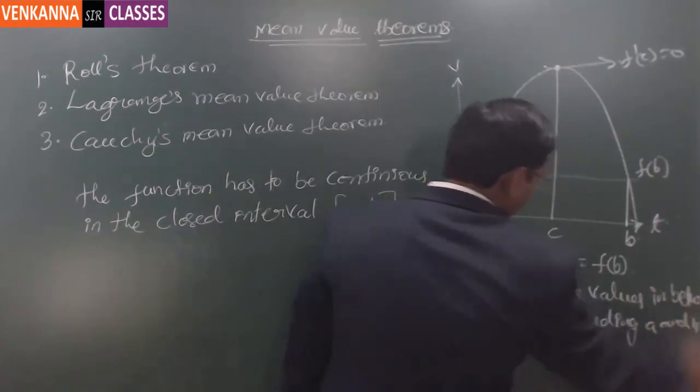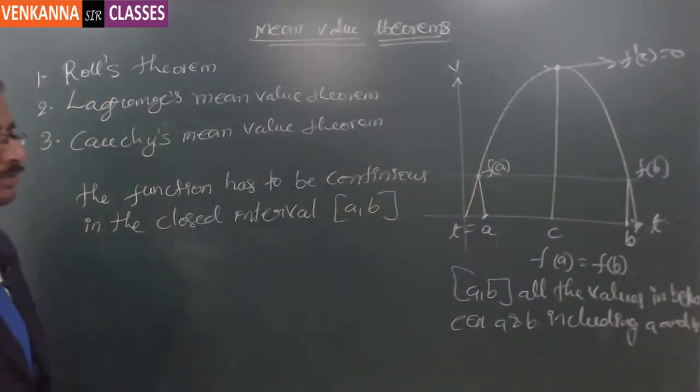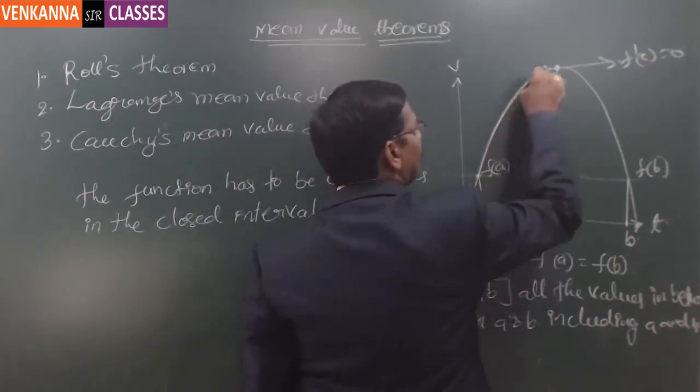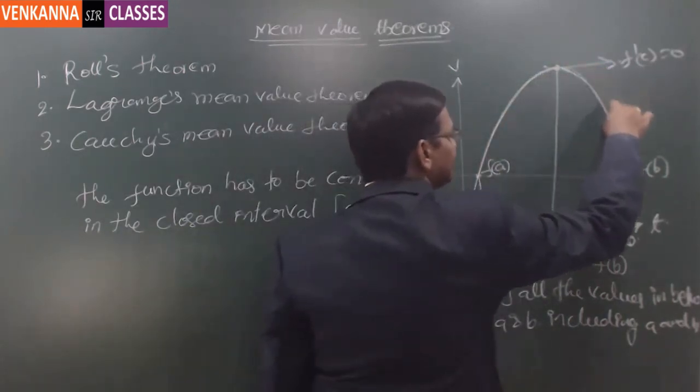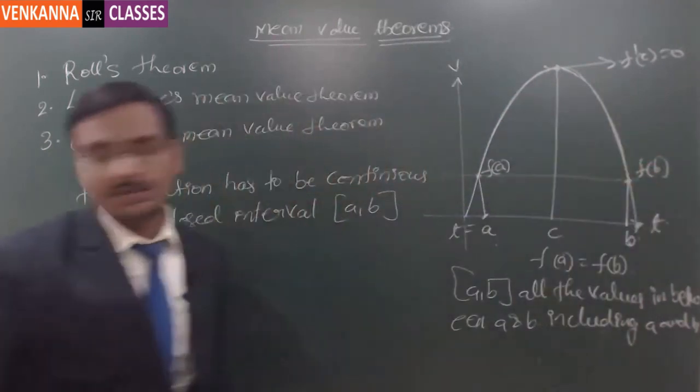So that is closed interval. So the function has to be continuous in the closed interval a and b. That is, this function should not be having any breakage in the entire travel of its journey. So till this point at least, right? So the function has to be continuous.